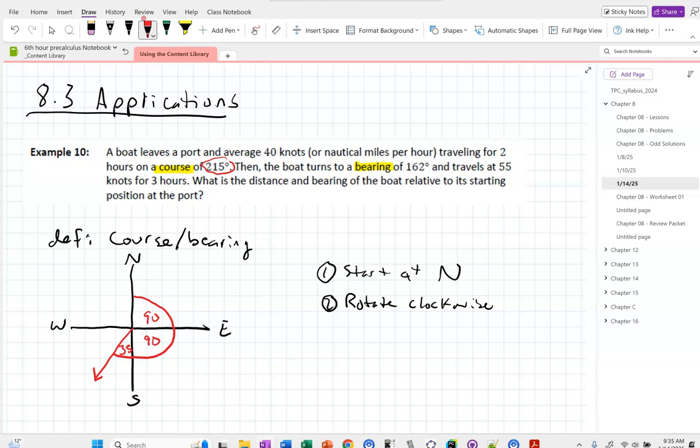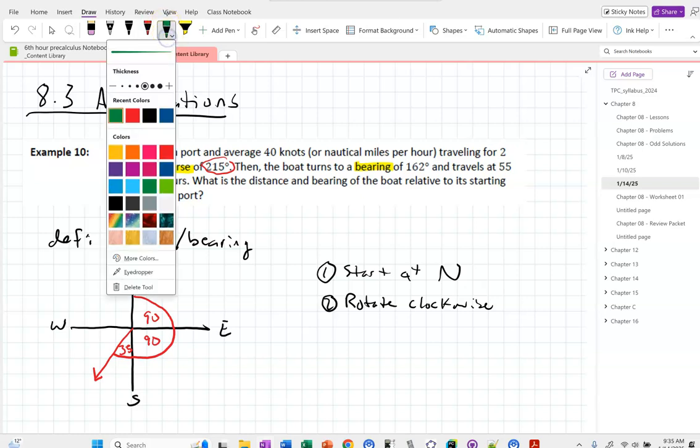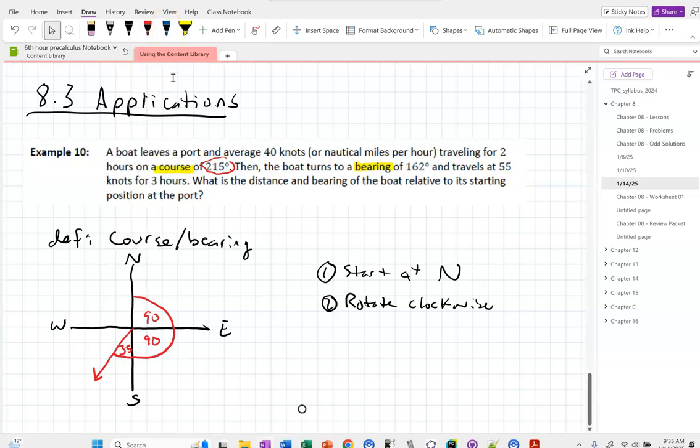Is everybody okay with how I drew that bearing? Now, the catch is that I don't want bearings in my problem. I want standard position angles so I can just use sine, cosine, tangent and not have to think about it and make any adjustments. So the first thing I'm going to want to do is come up with a way to translate that bearing into a standard position angle.